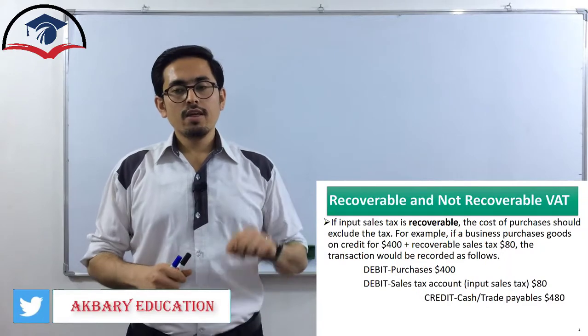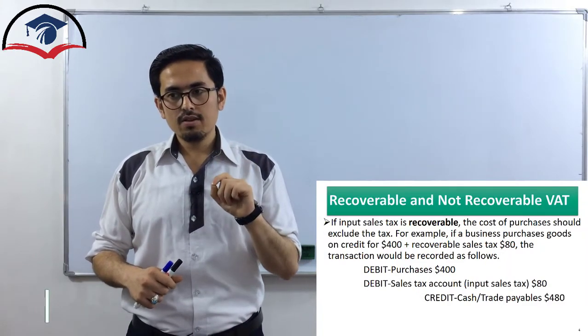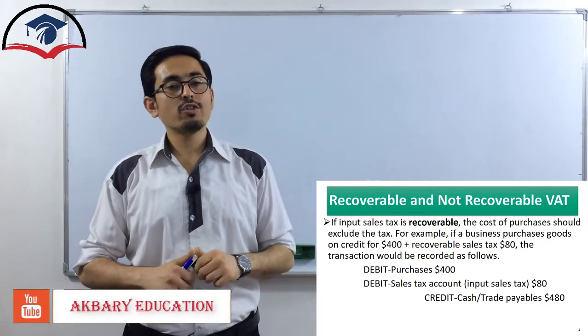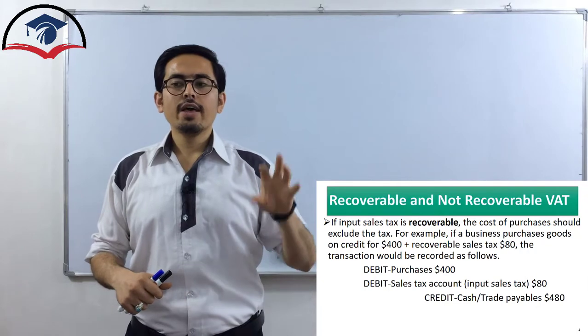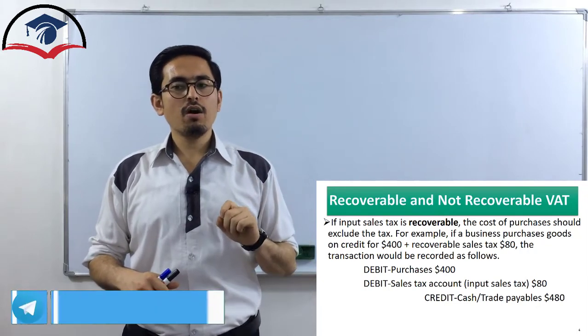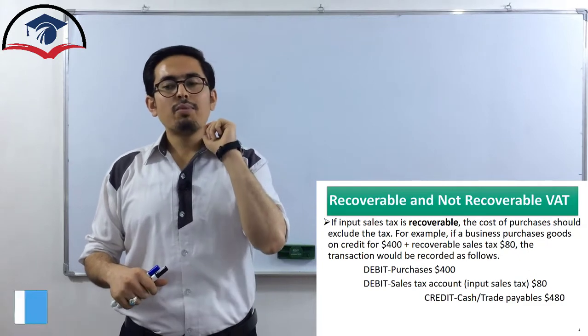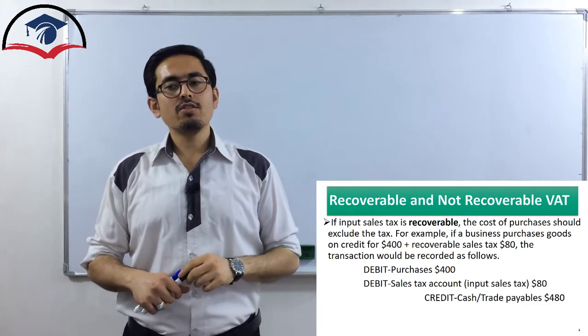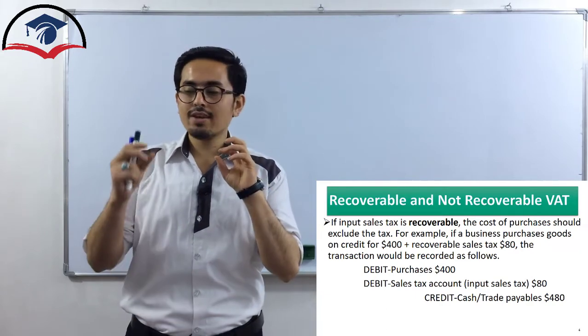First of all, if input sales tax is recoverable, the cost of purchases should exclude the tax. For example, if a business purchases goods on credit of $400 plus a recoverable sales tax of $80, the purchase amount should exclude that $80.